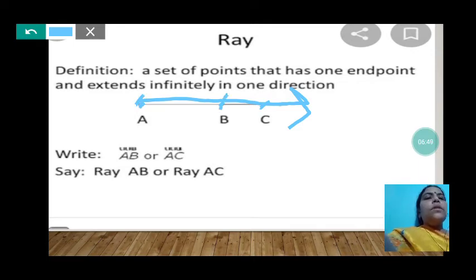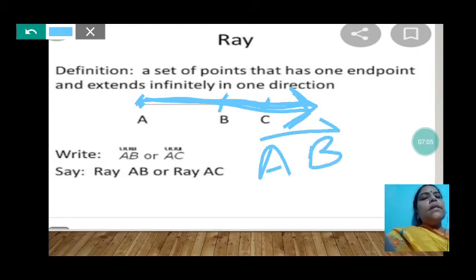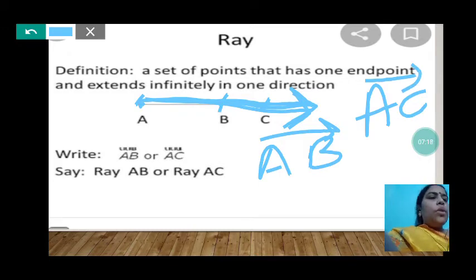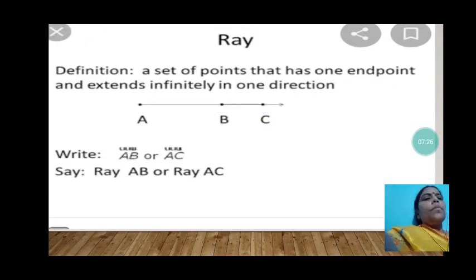Like this, we say ray AB. If I talk about ray AB, I write AB with a small arrow on the top, then AC, I write AC and represent it with a small arrow on the top. That is ray AB, ray AC. It is represented like that.